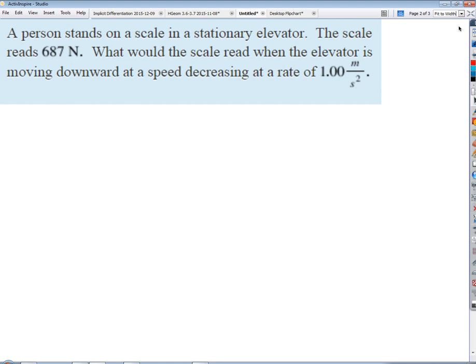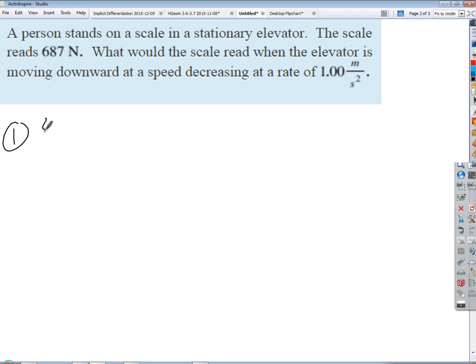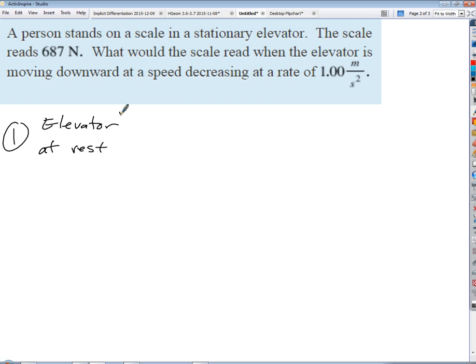Okay, so for part one, which is the elevator at rest, this is our free body diagram. Normal force, mg, right?